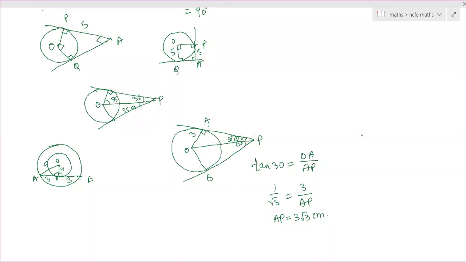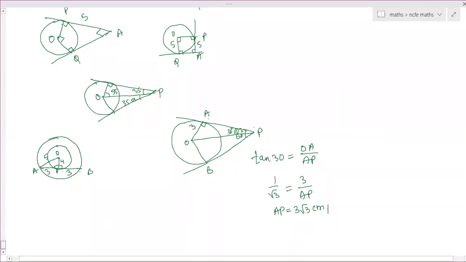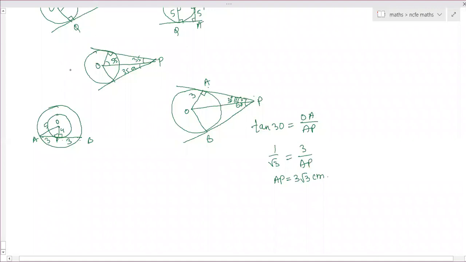Fine. No doubts? I have one more doubt. The two tangents drawn from an external point to a circle are dashed to the segment joining the center to the point.